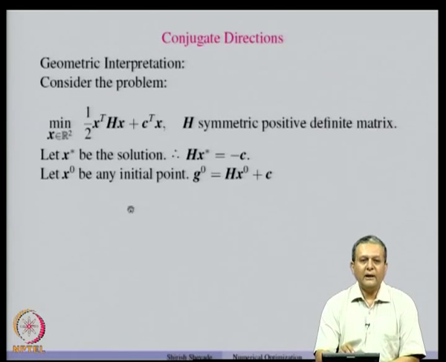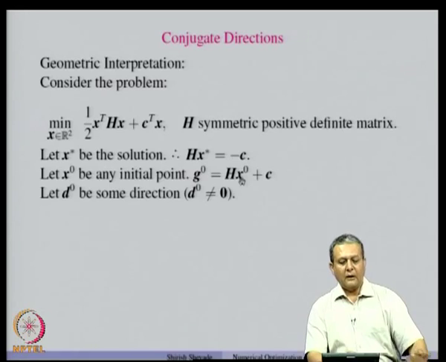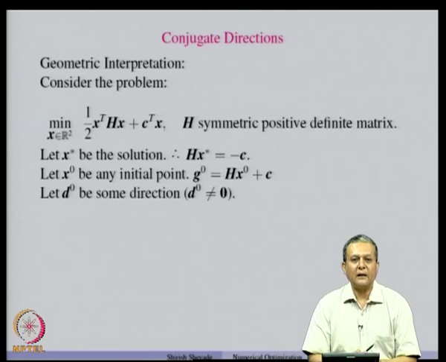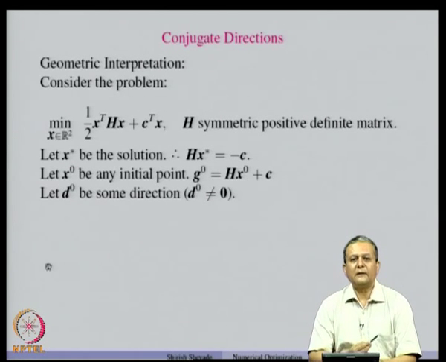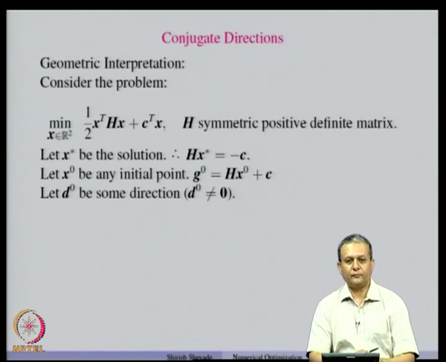Now, let x0 be any initial point, and the gradient at that point is nothing but H x0 plus c, and let d0 be some direction. So, the idea is that we start from a point x0, use the direction d0 and do the exact line search to go to the point x1, and then at x1 we choose a direction d1 which is H conjugate to d0.